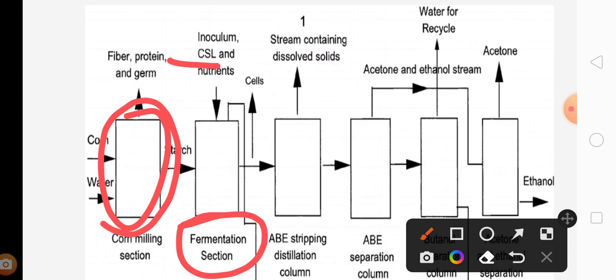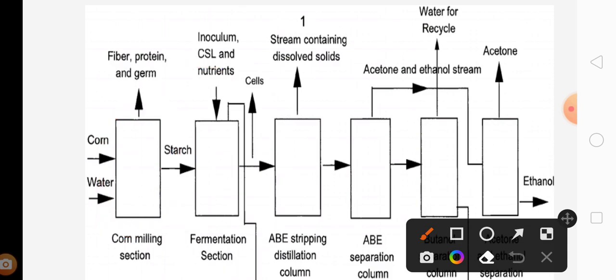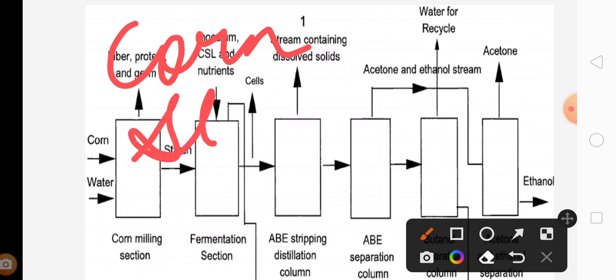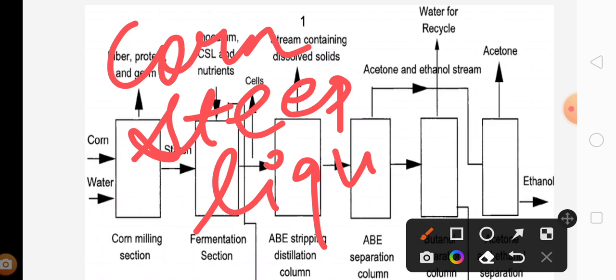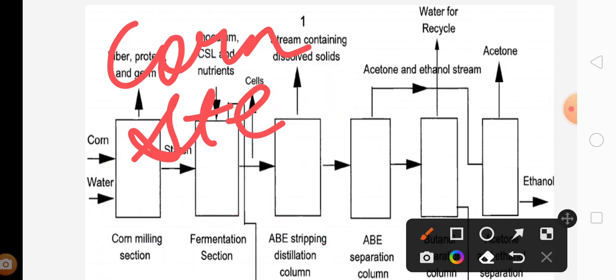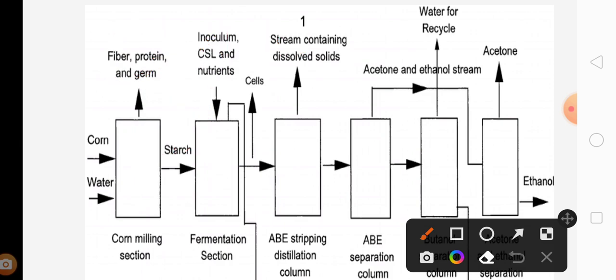CSL is the medium. The full form of CSL is corn steep liquor. So this fermentation vessel contains inoculum, corn steep liquor and some nutrients.